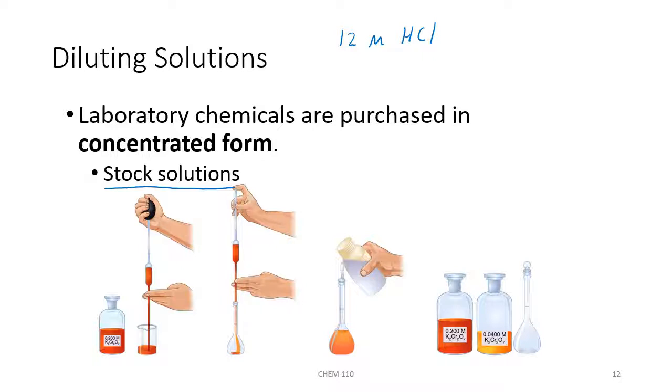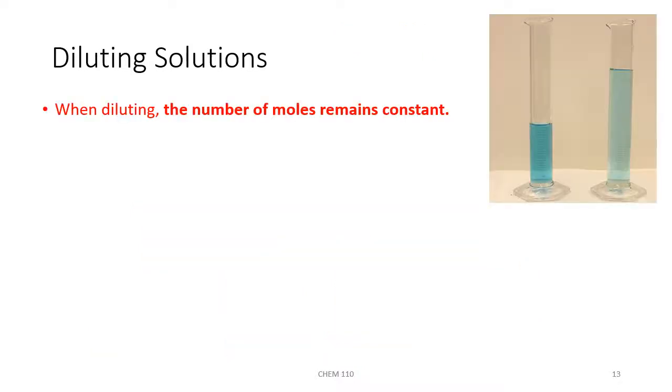We use volumetric glassware, such as volumetric flasks and volumetric pipettes, in order to figure out exactly the amount that we're taking of the concentrated one and then diluting to a specific dilute solution that we're trying to make. When you're making a dilute solution from a concentrated solution, the number of moles that you transfer over of the concentrated solution remains constant in the dilute solution.